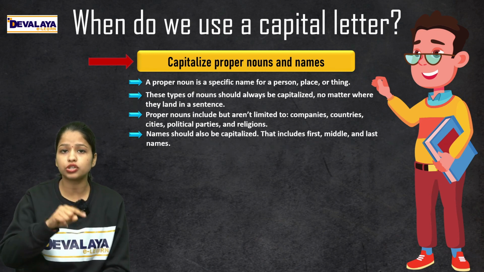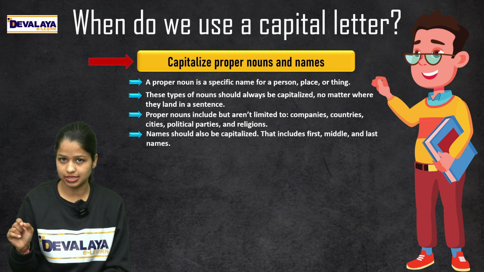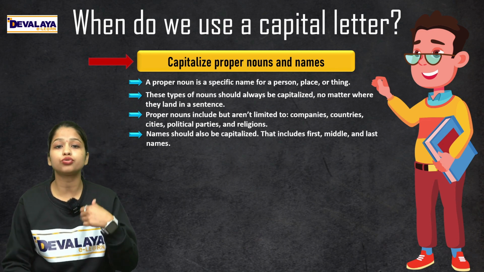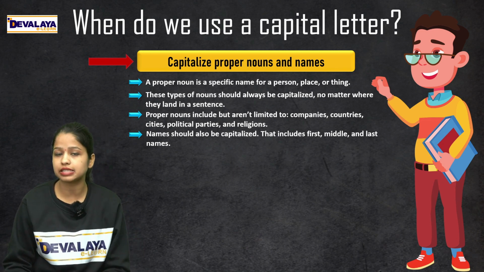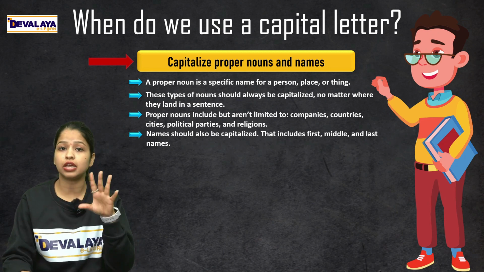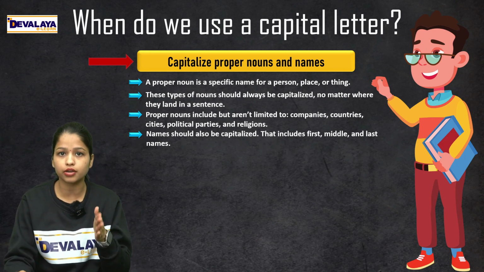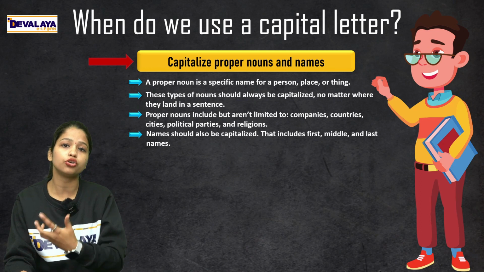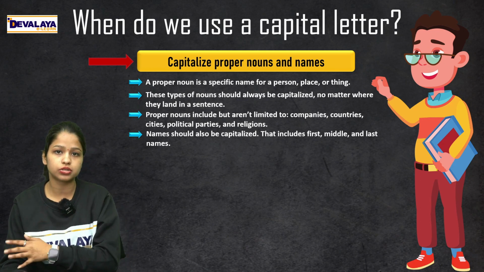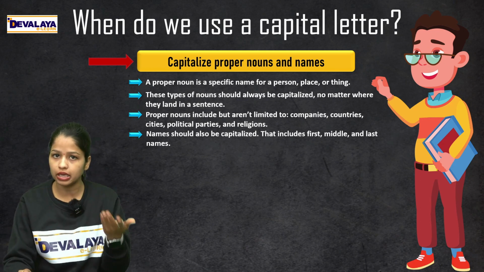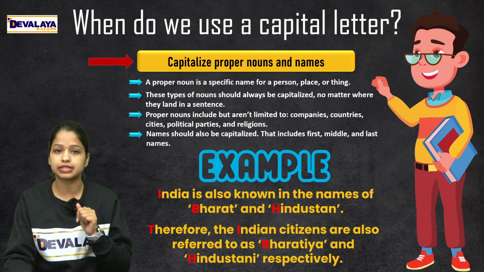So you are going to capitalize R in the sentence. Clear? Now, that includes first, middle and last names. Clear? So it doesn't really matter whether you are using your first name, your middle name or your last name. Whatever you are using, the first letter should be capitalized.